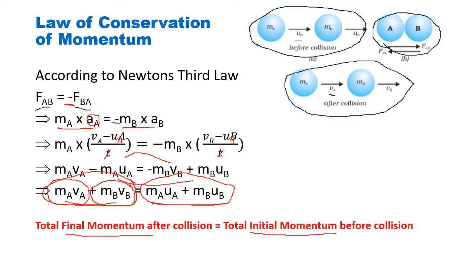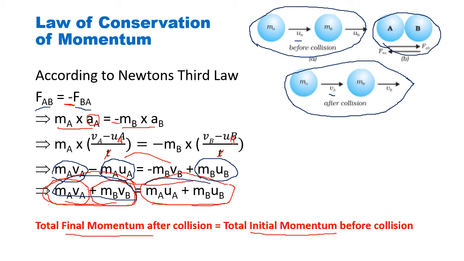Now remember, what does it say? A body of mass mA was traveling with initial velocity uA. So mAvA is the final momentum of body A. In the same way, mAuA is the initial momentum of body A, and mBuB is the initial momentum of body B. So this is the initial momentum of the whole system, both bodies before the collision, and this is after the collision.